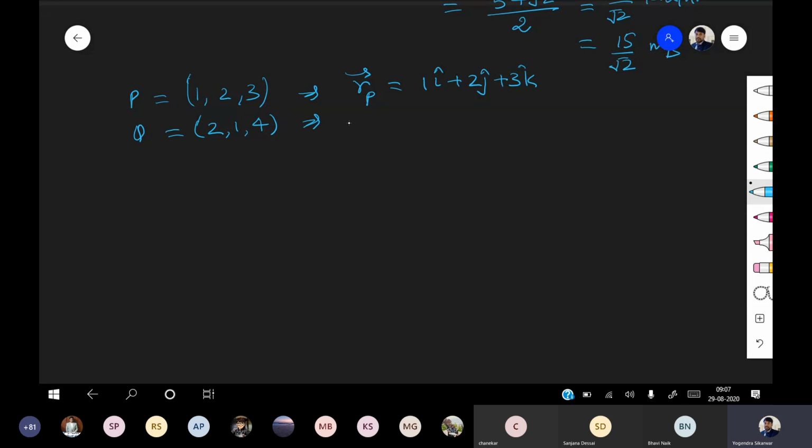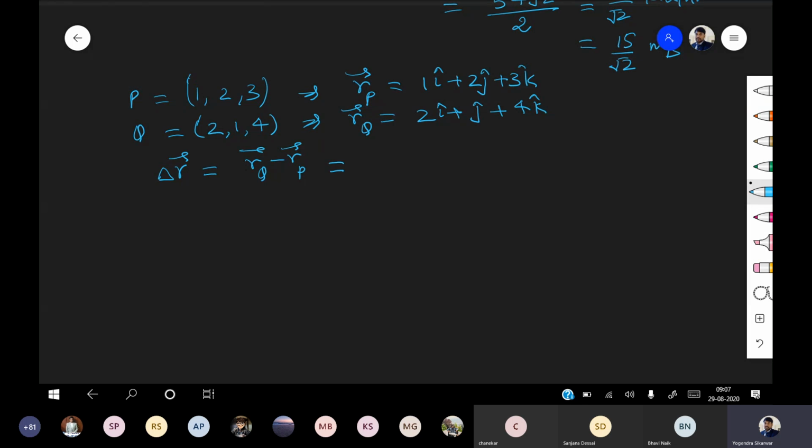So R_Q is equal to 2 i cap plus j cap plus 4 k cap. So a particle moves from point P to Q. So delta R is equal to R final position minus R initial position.